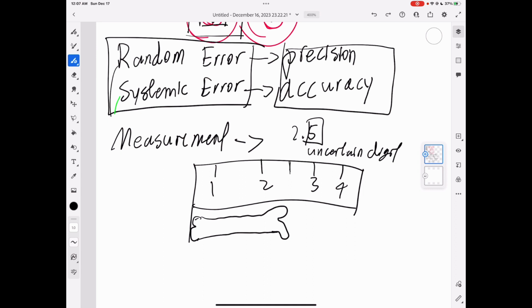However, let's say we have markers now. And let's say we can say confidently that this is 2.4. Well, since we have two certain digits, we need another uncertain digit.